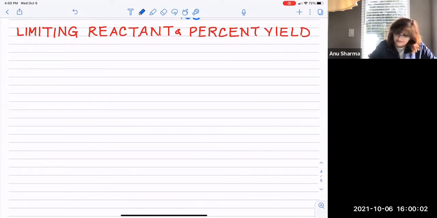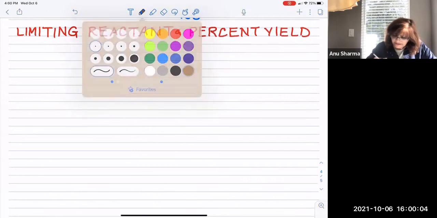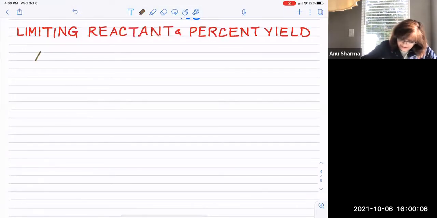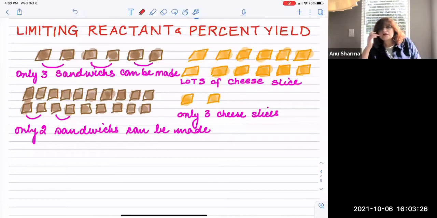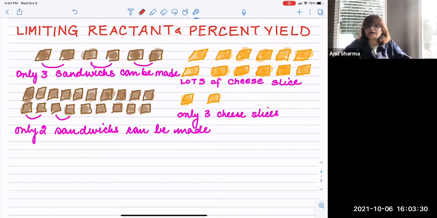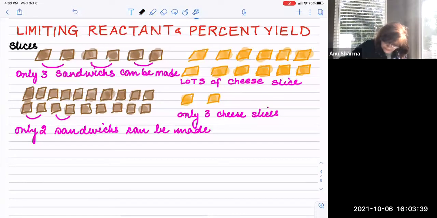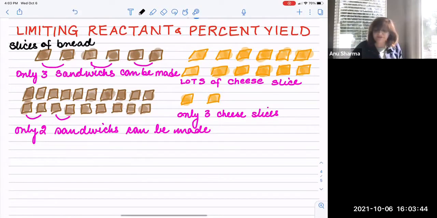So first of all, what is a limiting reactant? Let us say we have pieces of bread. Let's look at this scenario in which we have these slices of bread, and in this case, we have 6 of them.